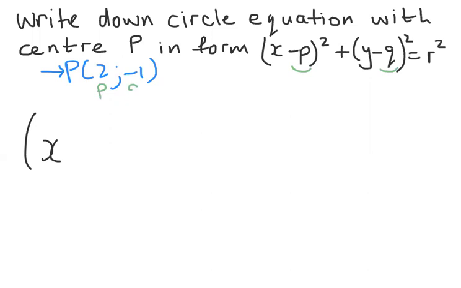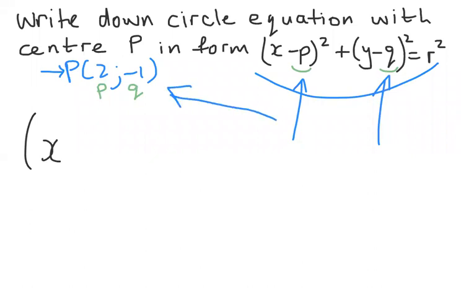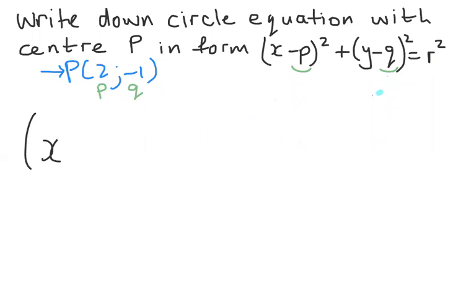So if you have this equation over here, this P and that Q refer to the center of the circle. And fortunately, we do have the center of the circle. So once you have the center of the circle, you are in a position to work out the formula. So now we use this point P and point Q, and let's put it into the formula. So we have x minus, so I'm going to use this P of 2, which is this P over here. So I'm going to put that there.